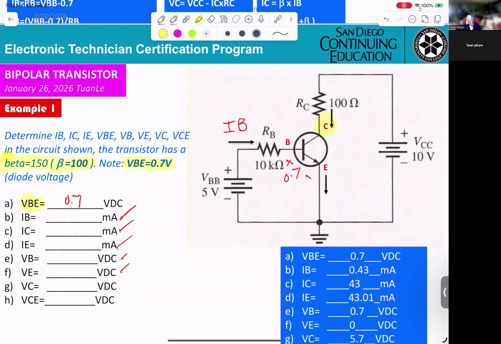How can we calculate the VC? This is what you get, the VCC. So in order to get the VC, let's see.